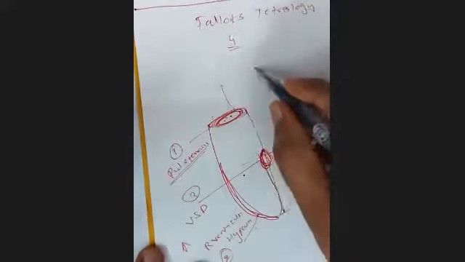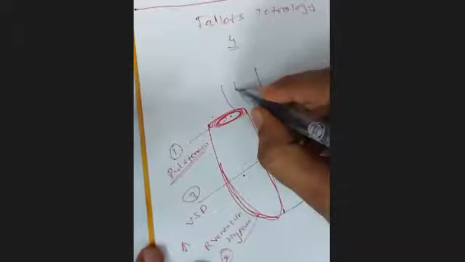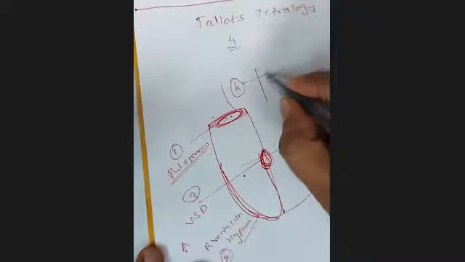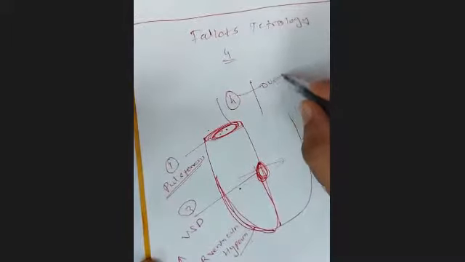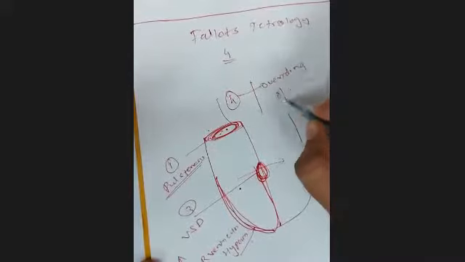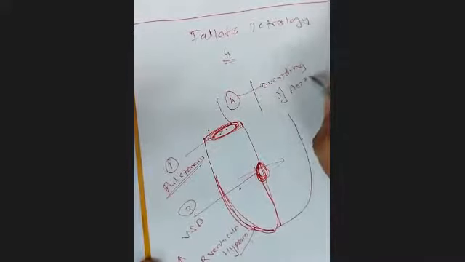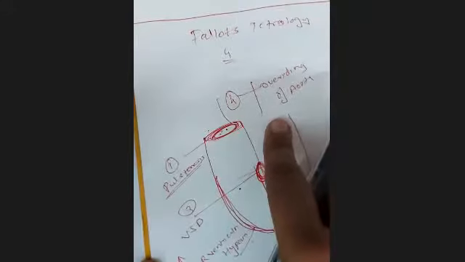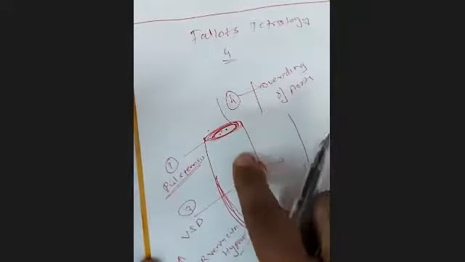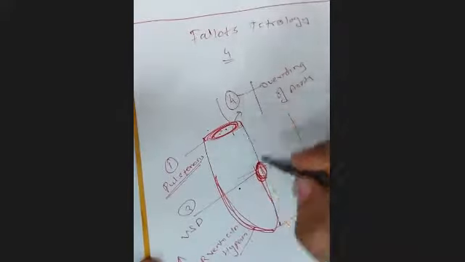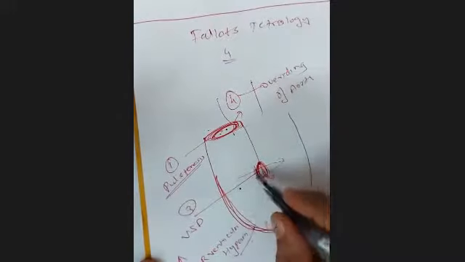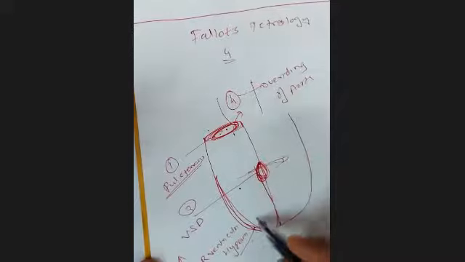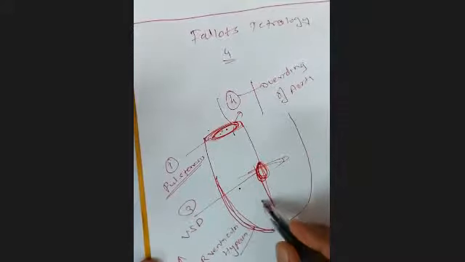Then the fourth thing that happens is overriding of the aorta. The aorta is halfway on the right ventricle and halfway on the left ventricle. So some deoxygenated blood is going from here to here also. Deoxygenated blood is going through the VSD also because right side pressure is more. Why is right side pressure more?